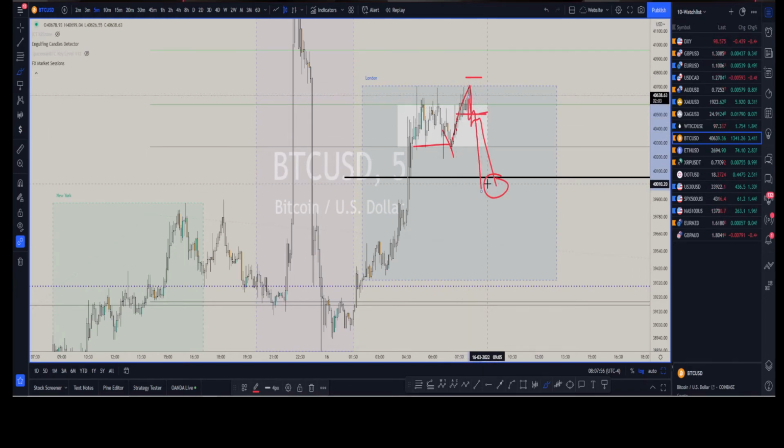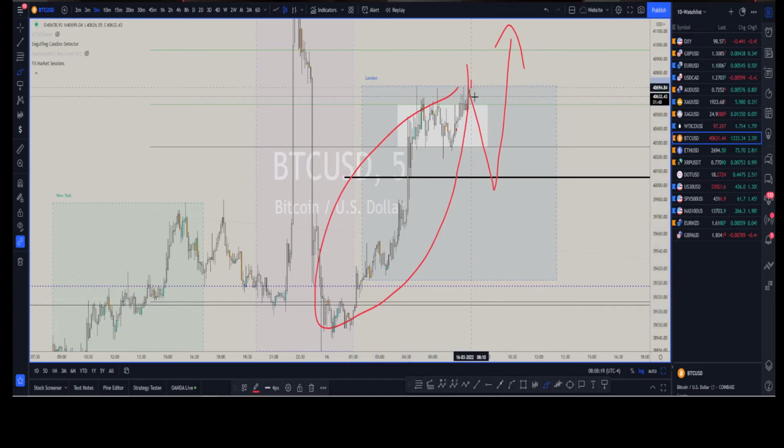On the retest, I will go for it. Who knows, maybe this can continue all the way down. Or it can just come down here. Finish this leg. And then pump back up. But that's a trade.